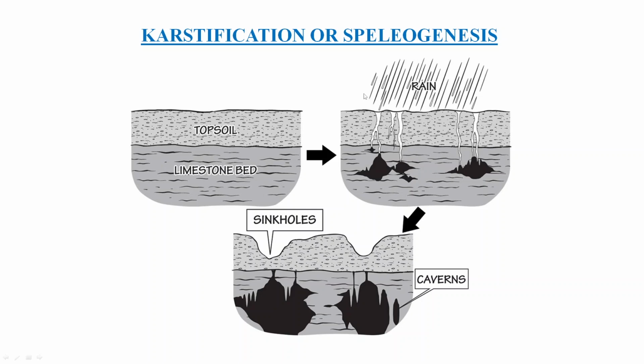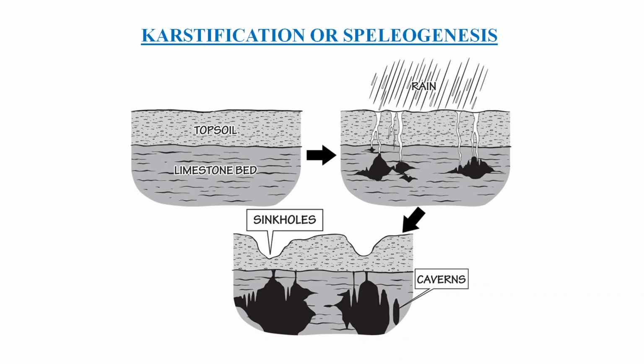Now in a period of rainfall, the rainfall percolates through the fractures and joints already present in the top part of the surface, and the carbonic acid present in the rainwater reacts with the limestone and dissolves it by chemical weathering, resulting in the formation of caverns at the subsurface, and on the surface you will see structures like sinkholes. We will be looking into that in detail.